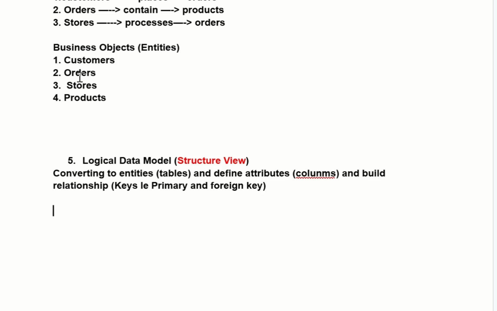Yeah, so first of all, let's define the attributes of these entities. So we'll start with the customer. Let's treat customer now as the customer table. So what kind of columns can the customer table contain?